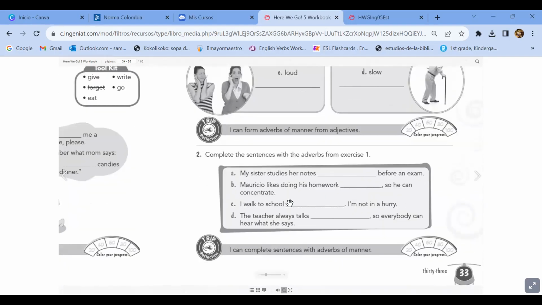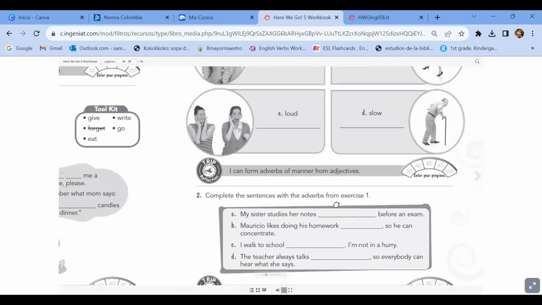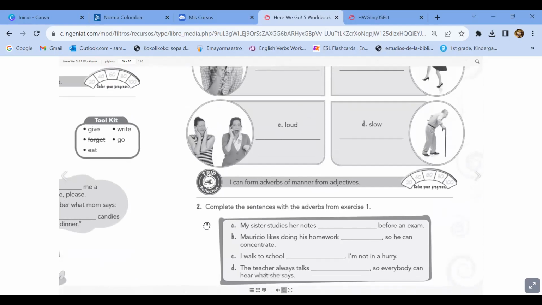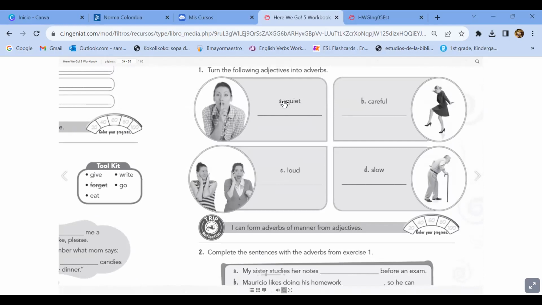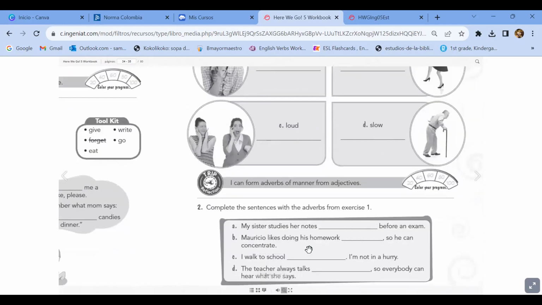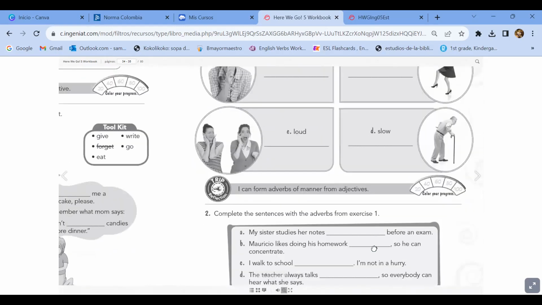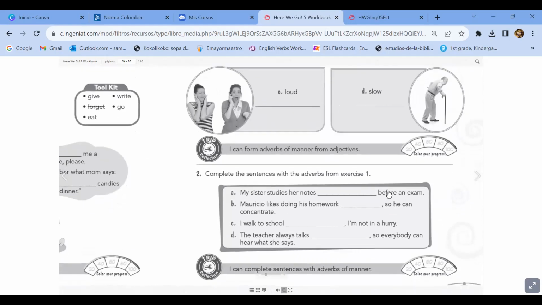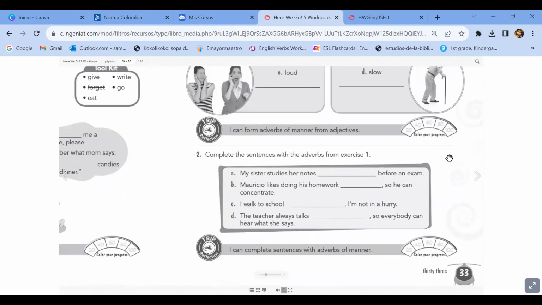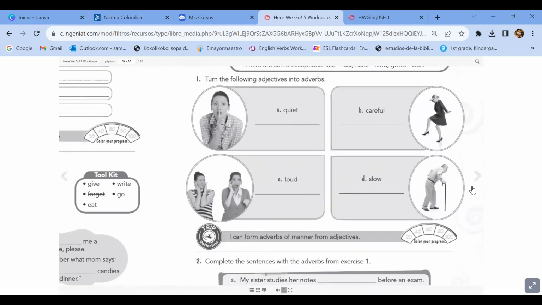And continue with these other sentences, okay? Complete the sentences with the adverbs from exercise number 1. This is activity number 2. Okay, in your workbook it is page number 33. Continue.